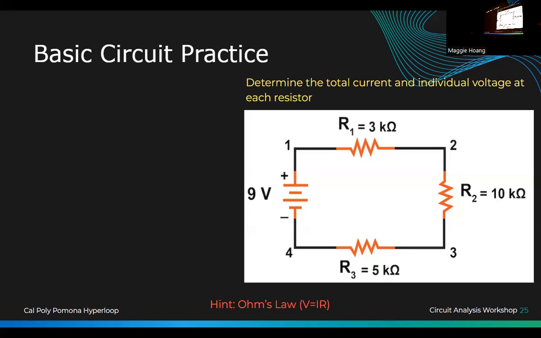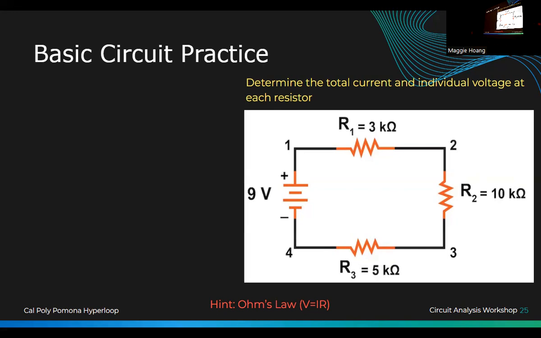Ohm's law states that V equals IR, so we're looking for I total. So V total over R total equals I total. 9 volts over 18K. Did you get 0.5 milliamps?